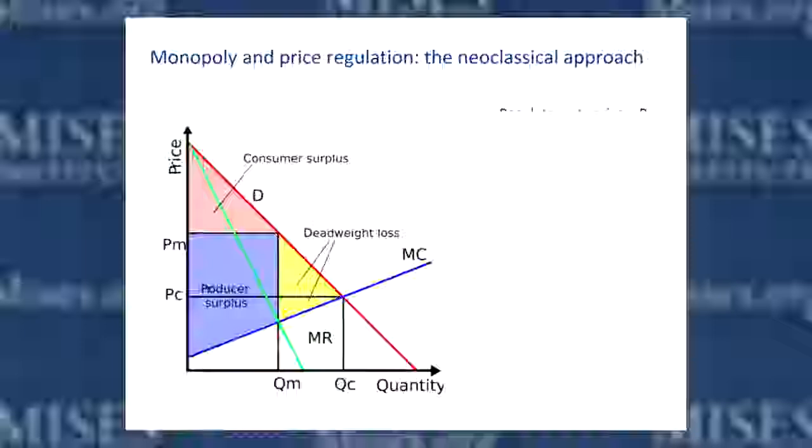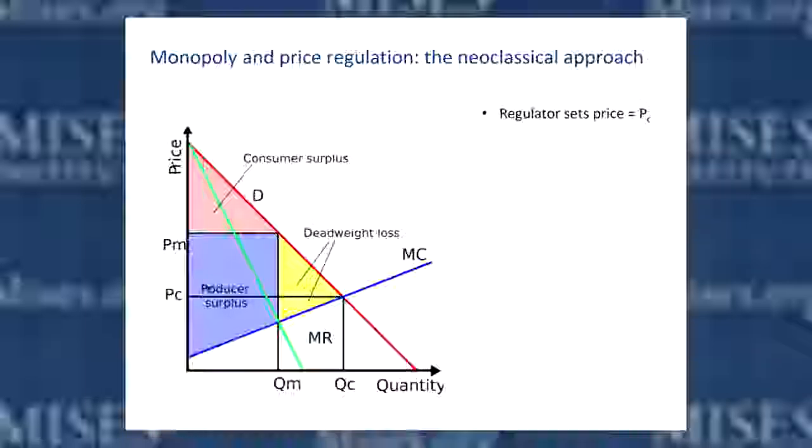So what could the government do about this in the neoclassical framework? Well, the government could simply set up a regulatory agency that has the legal authority to choose prices and quantities, and just say, hey, you're not going to charge PM. We hereby order you to charge a lower price, PC, and we hereby order you to increase production to QC.